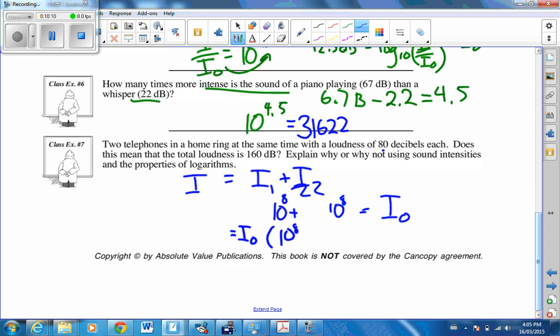This becomes 10 to the 8th plus 10 to the 8th, which is 2 times 10 to the 8th.